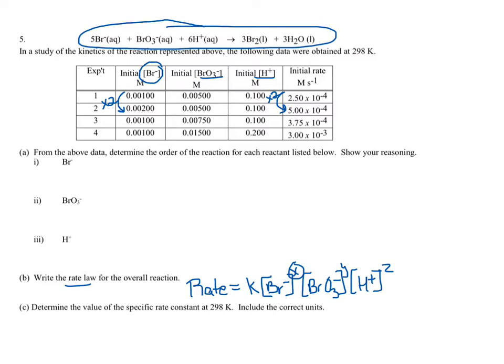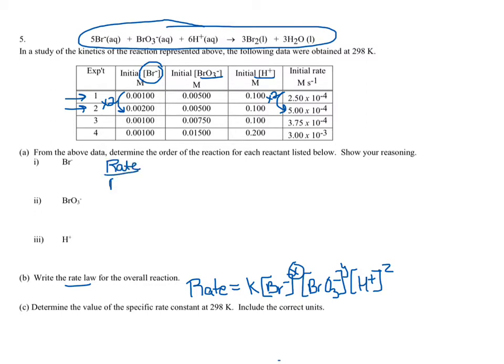You can also show this mathematically, and mathematically you are doing exactly what we're doing on inspection. You're essentially looking at the change, or the ratio, from one trial to another. So what are the 2 trials I picked? I picked trial 2 and I picked trial 1. So what I am essentially doing is a ratio of the rate laws.